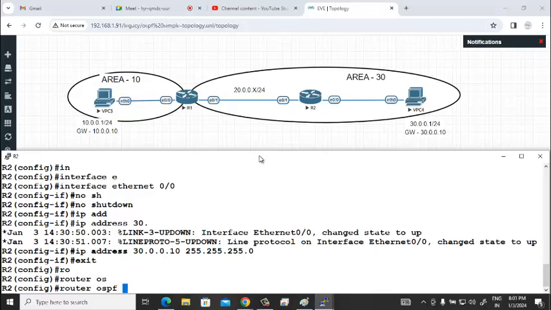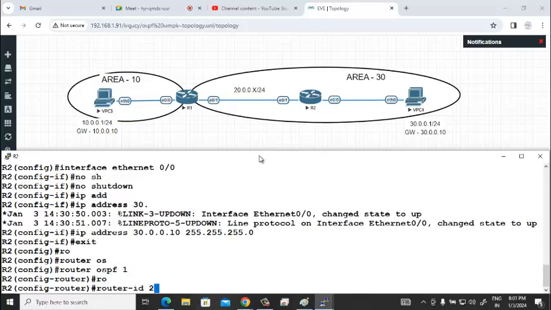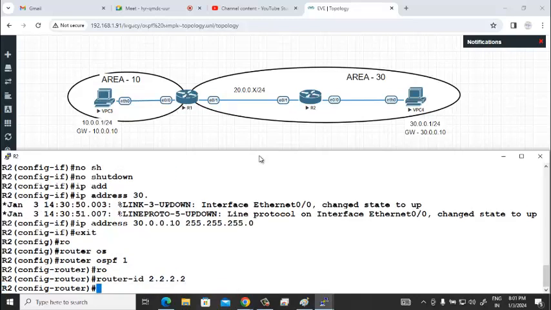Now I'm going to say 1, and then router ID 2.2.2.2. You see? Do we have any interface with this address? No. You don't have any interface with this address. It's nowhere on any interface.